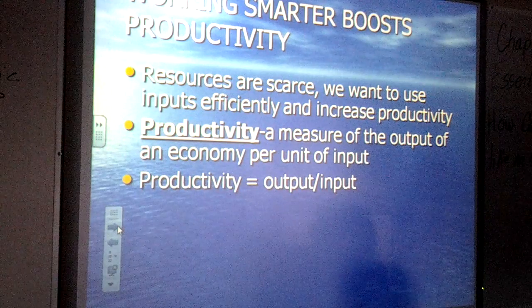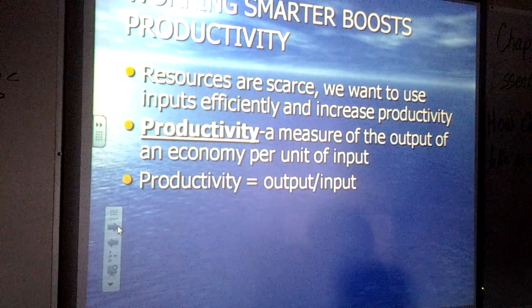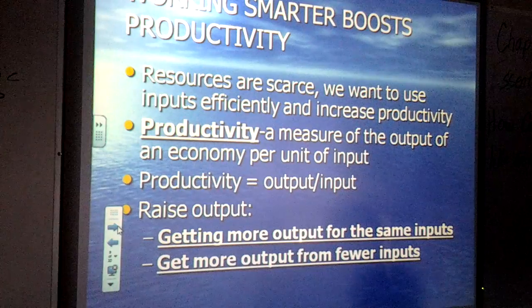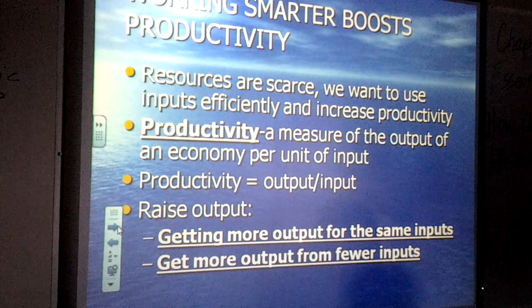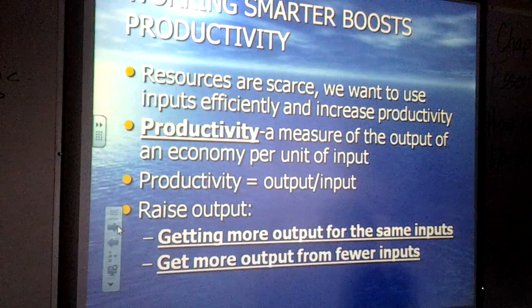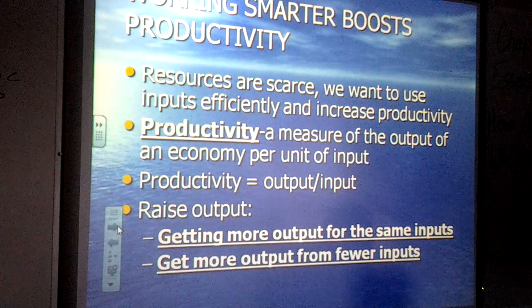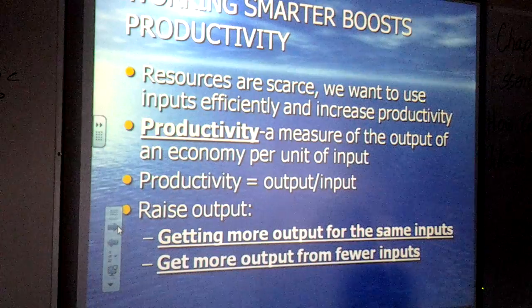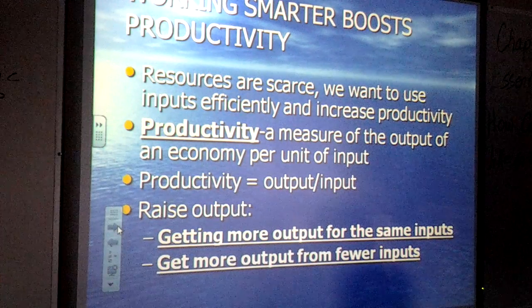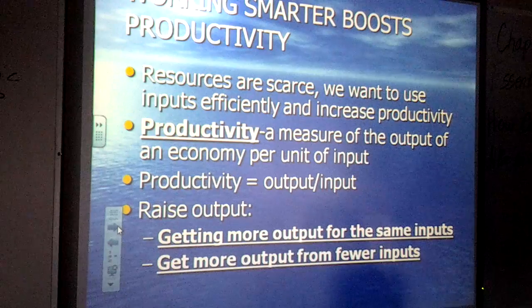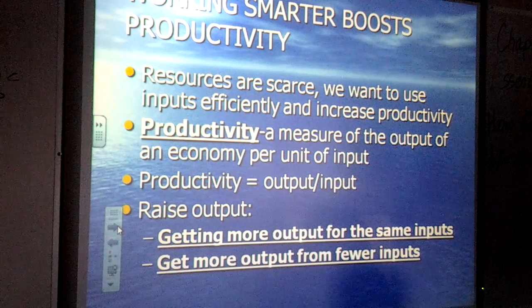And there's really two ways to raise your productivity. The first is to use the same amount of resources, same amount of inputs, but you're doing it so efficiently you're getting more output. You're using the same amount of materials, but you're getting more pencils from it. Say pencils was your product. You found a way to do it more efficiently.